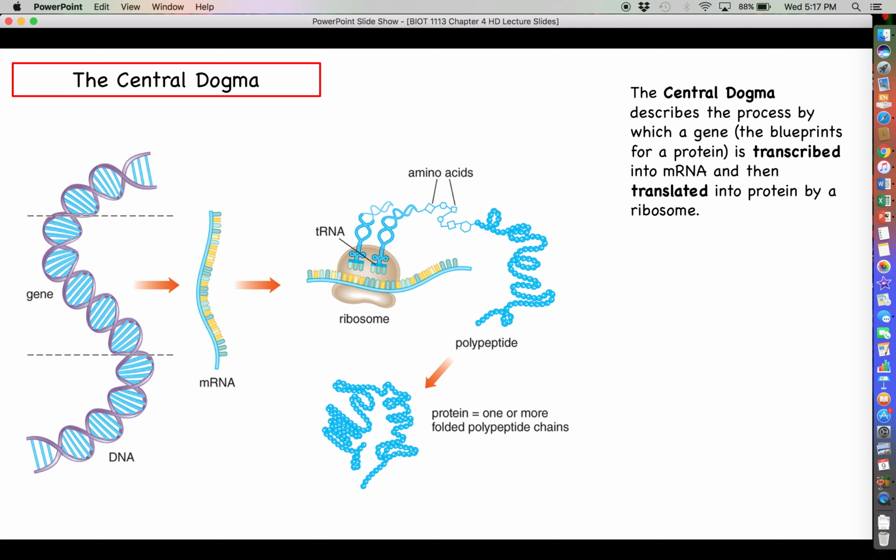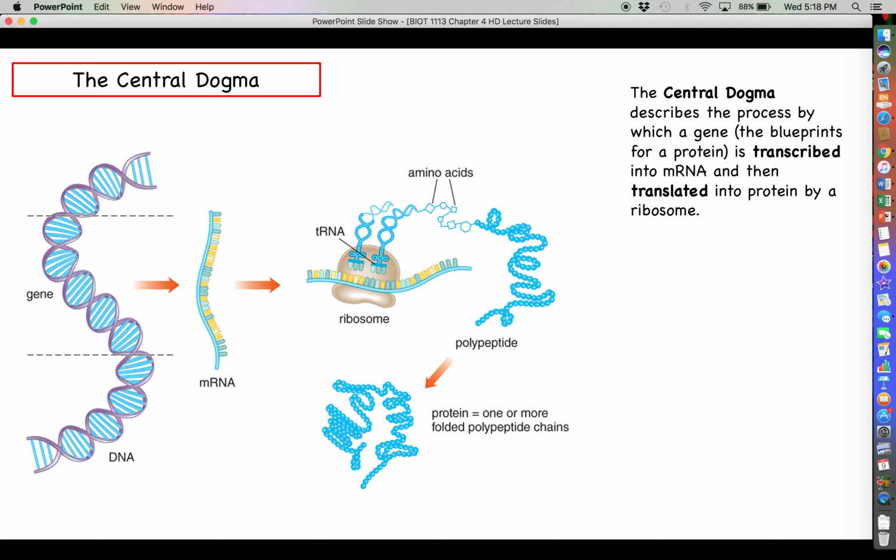Something that we did get familiar with, I believe in chapter 2, was the central dogma of molecular biology. Just as a little bit of review, this central dogma basically describes the way that information flows from DNA into messenger RNA. We call that process transcription.